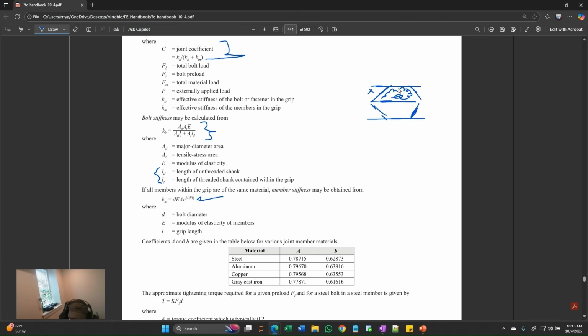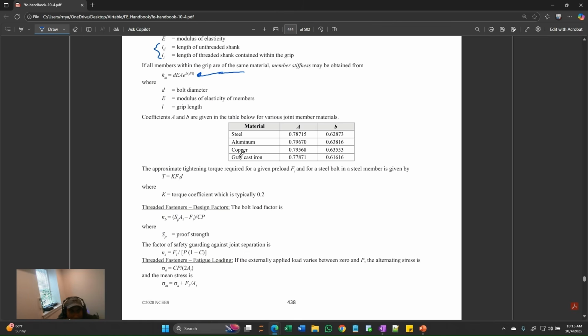And we know that stiffness, K, is equal to AE over L, but the area is constantly changing here. And what we end up doing to find the stiffness is we integrate along this changing area, and we end up with this really long formula, and they reduce it to this kind of exponential relationship over here, which is a little bit more simple. It's just a function of what material you are looking at and some constants. So we could definitely find that if we needed to, it's not applicable for us.